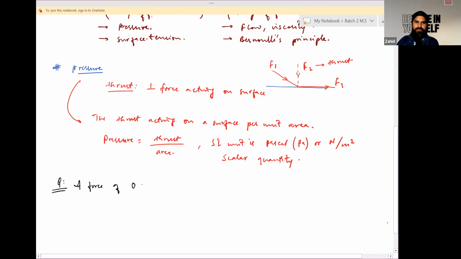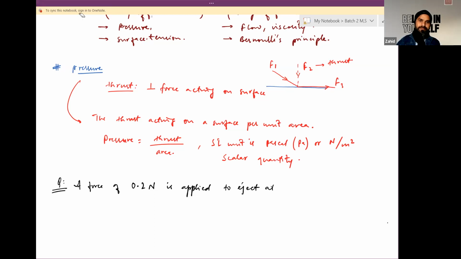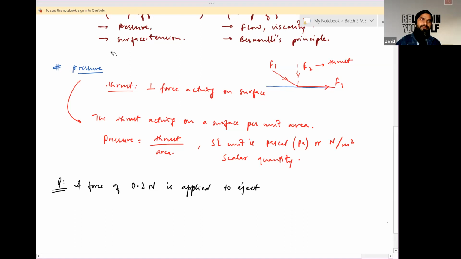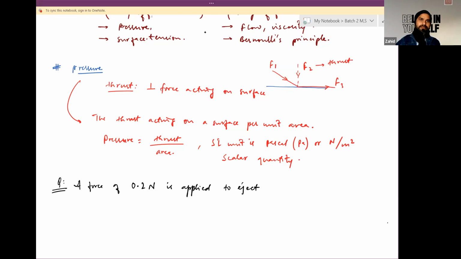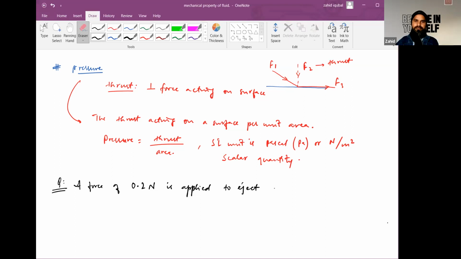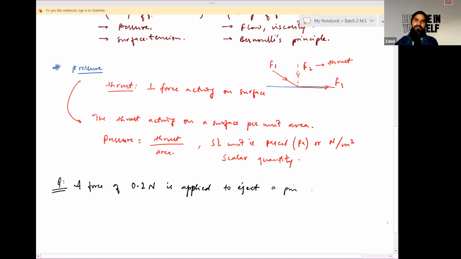A force of 0.2 Newton is applied to inject a pin on a surface.